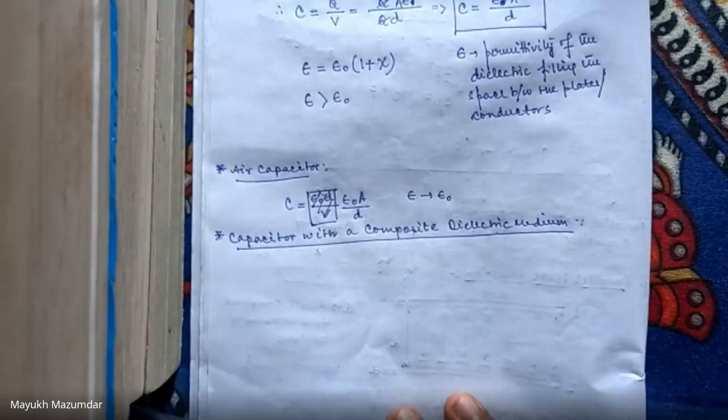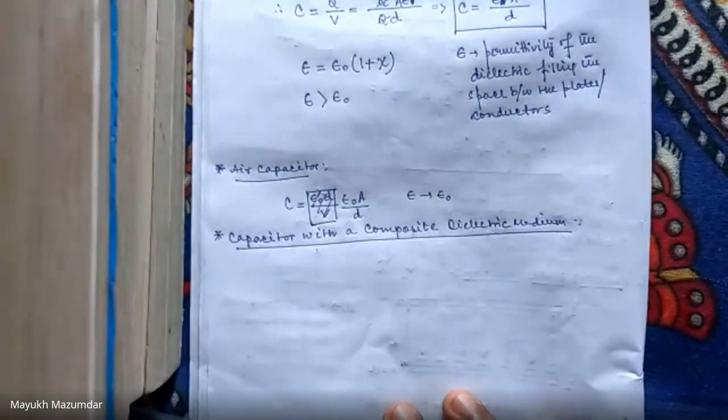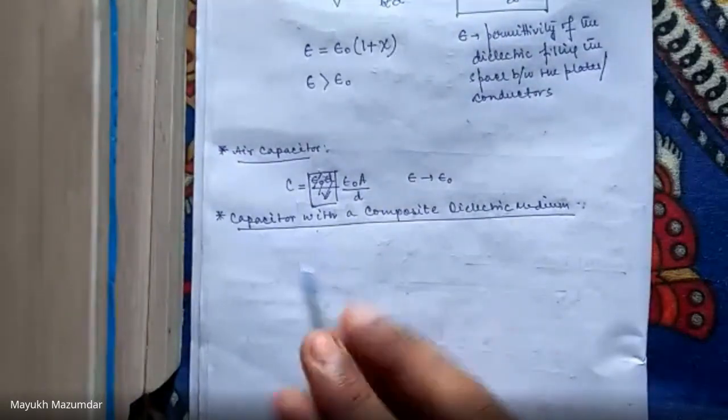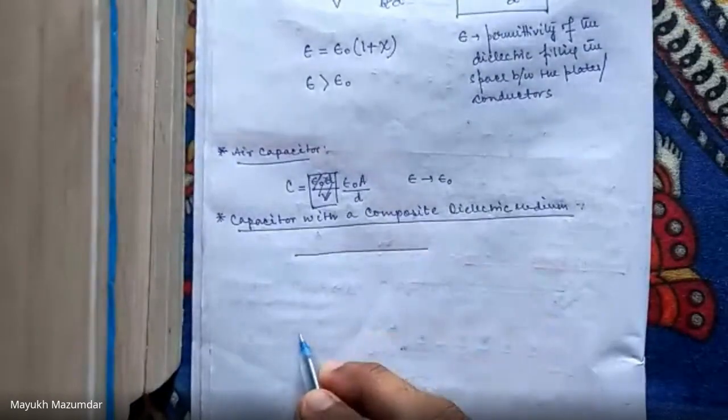Yeah, kind of that. We may have media with different permittivity. So the picture would be like this.